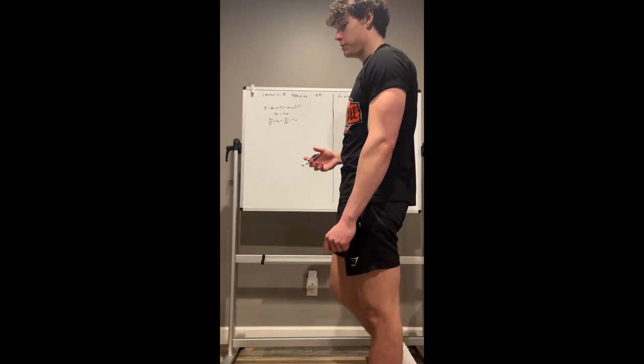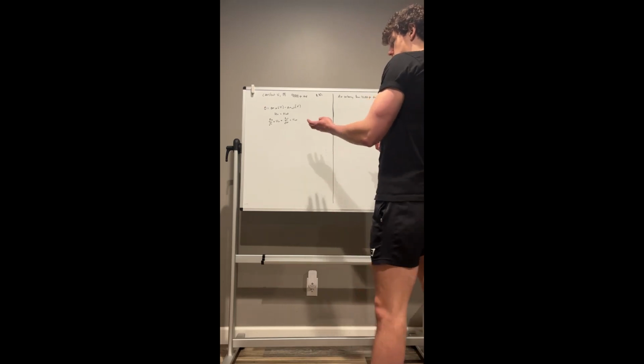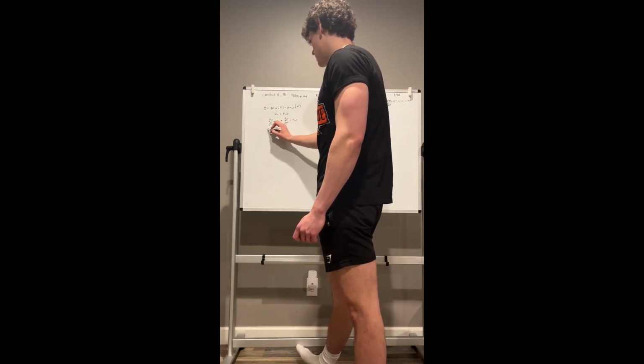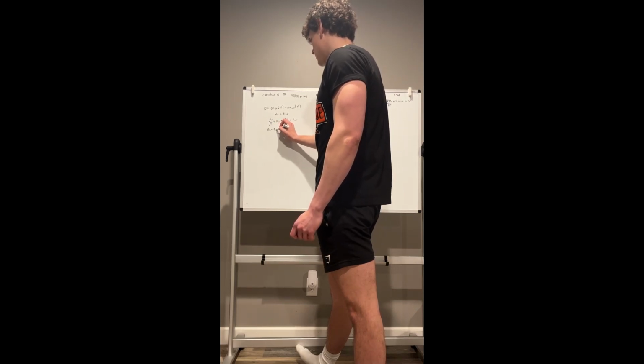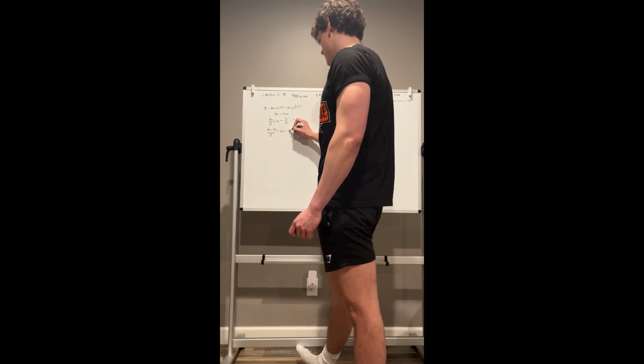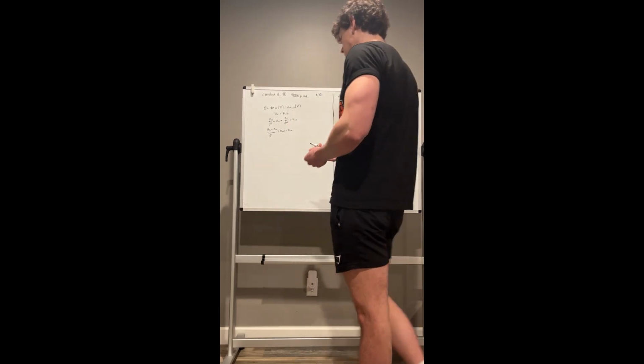In this situation, it's water, and the density will be the same, so we can combine these terms. So P in minus P out over our density is equal to internal energy out minus internal energy in.